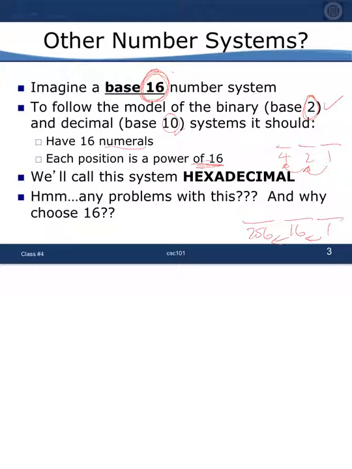I have no idea what the next one is, but whatever that might be, multiply by 16. Those are the ground rules for what a base 16 system would look like. And in fact, there is such a system. It's called hexadecimal. Hex means 6, like a hexagon has 6 sides, and decimal, dec, means 10. So it's 6 plus 10, or 16, base 16.